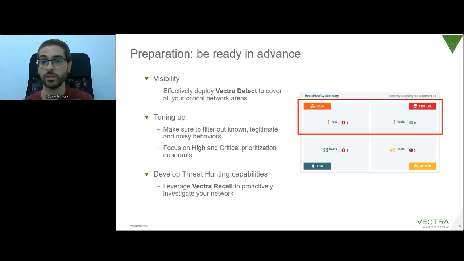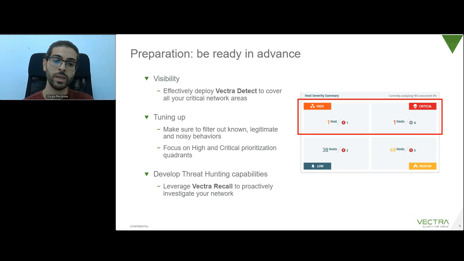After the deployment, so after ensuring that the visibility is good enough, of course, we want to do some tuning up. For those of you that don't know already, our platform, and you can see on the image on the slide on the right, basically prioritizes different hosts and accounts in 4 different quadrants based on some prioritization algorithms.